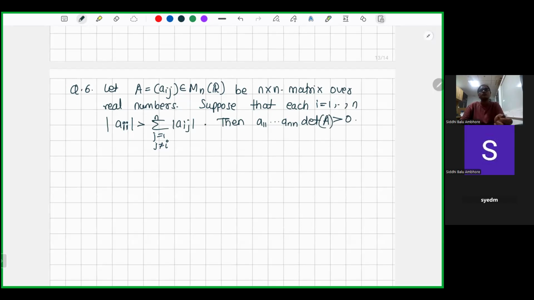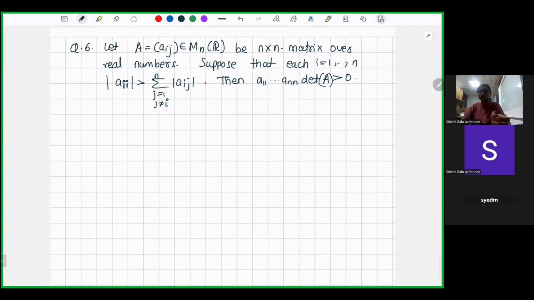So what they are saying is, they're not directly saying that the determinant of A will be greater than 0. What they are saying is the determinant of A multiplied by a11 up to ann is greater than 0. So for example, if I have something like this, 2, 1 and 4, or in fact -1 we can take. It does not matter, modulus they are saying, right? And we can take -4, or just take 4.